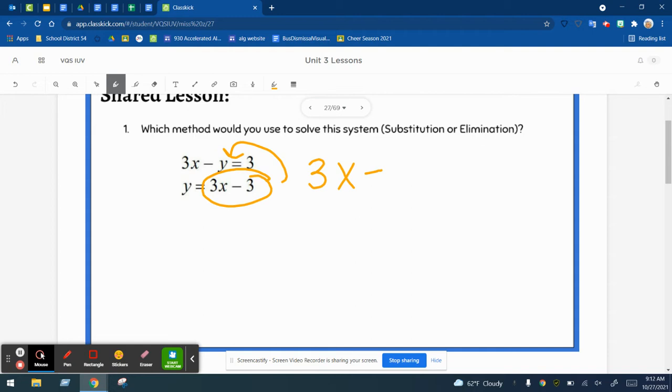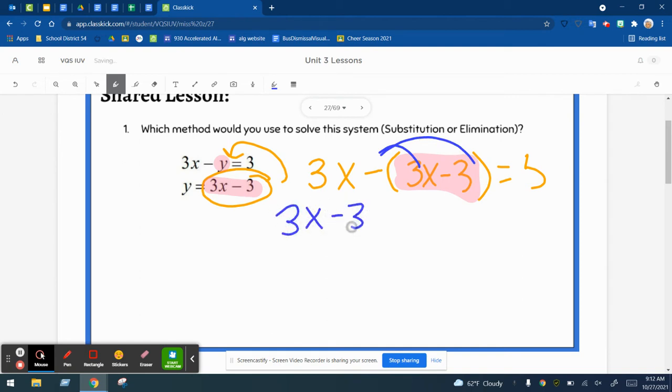3x minus y. So 3x minus 3 equals 3. So I take all of this, put it in right there. I have to put it in those parentheses so that I don't forget to distribute my negative, so that I have 3x minus 3x plus 3 equals 3. 3x minus 3 equals 0.